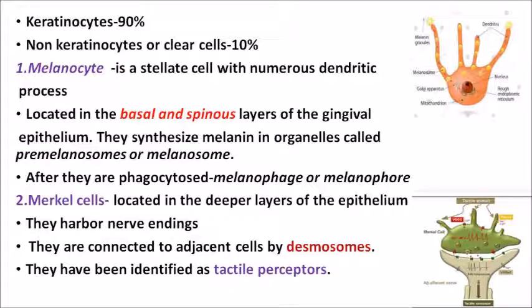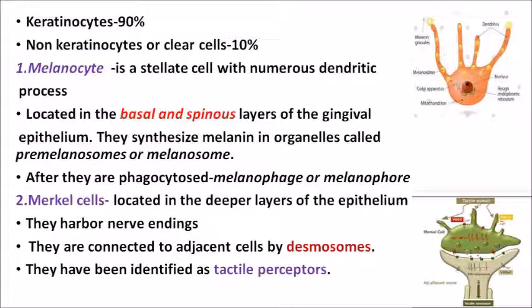And where is the cell found? Where each of the clear cells is found is an important question. Melanocyte is found in the basal and the spinous layer of the gingiva. From bottom you can see the first two layers, basal layer and spinosum layer. They synthesize melanin in organelles known as premelanosomes or melanosomes.